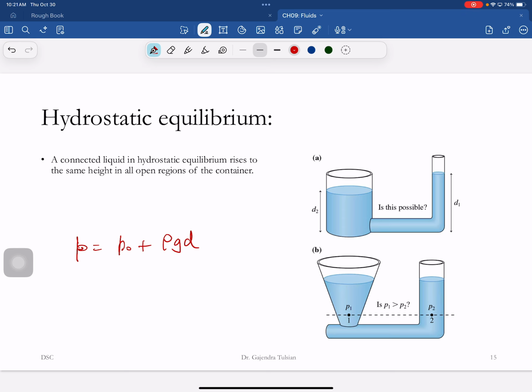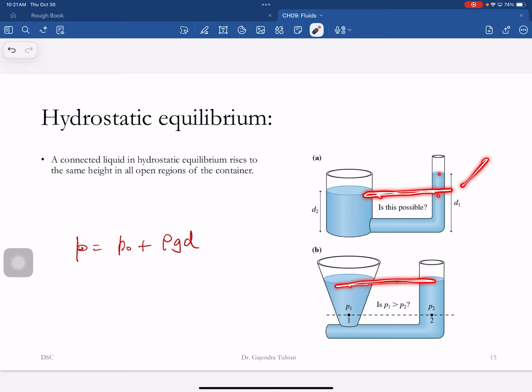Okay, so for a given depth, the pressure is the same. So would this be possible? This won't be possible because at this level the pressure would be higher than here, and so higher pressure will force the liquid in this direction. So if you have open containers like this, liquid will always be at the same level. So this is not possible, and this is possible.